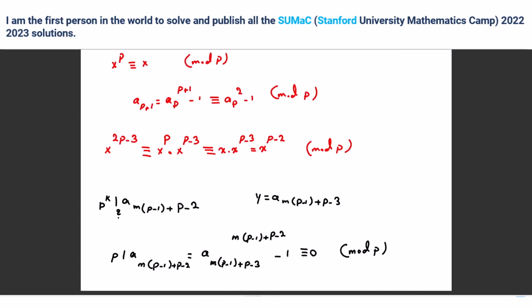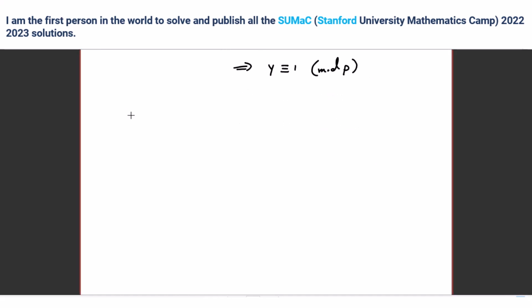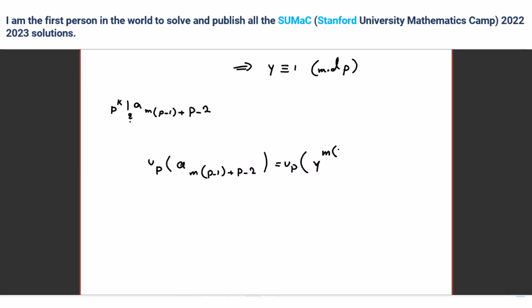So, if we want to use LTE, it is possible, right? Because when we want to say, okay, VP, now it's just simple LTE. Exactly, plus p minus 2, VP of a to the mp minus 1 plus p minus 2 minus 1.